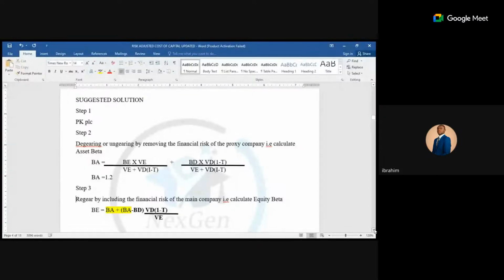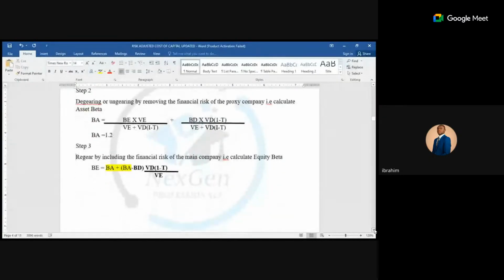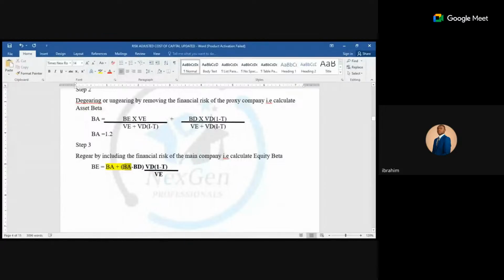Class, you should not forget that this part I highlighted here represents the proxy company, while this is for the main company. This is the business risk, while this is the financial risk.